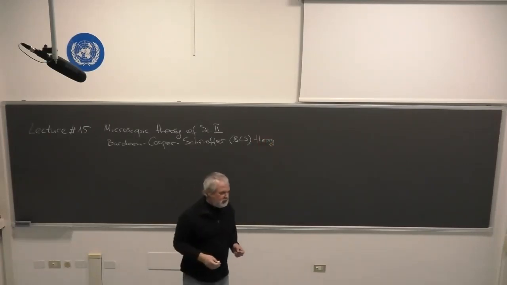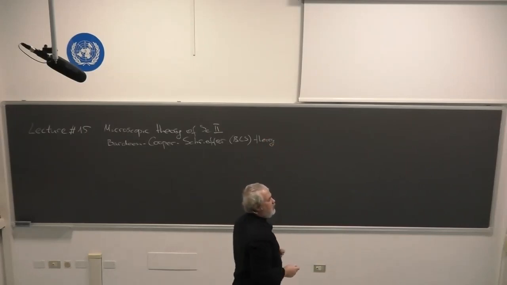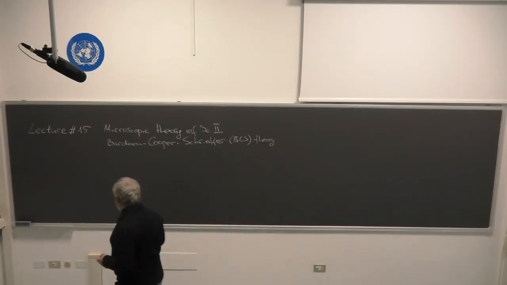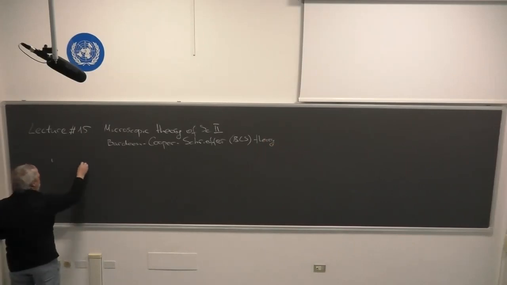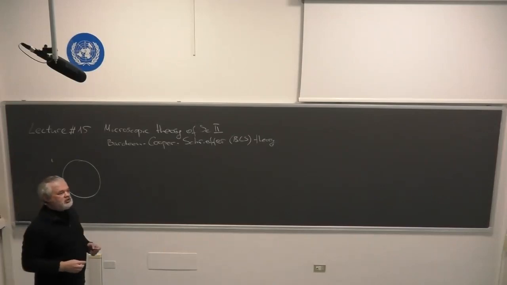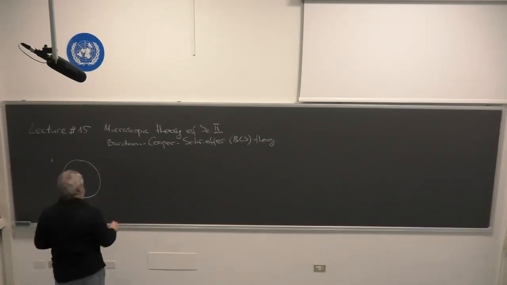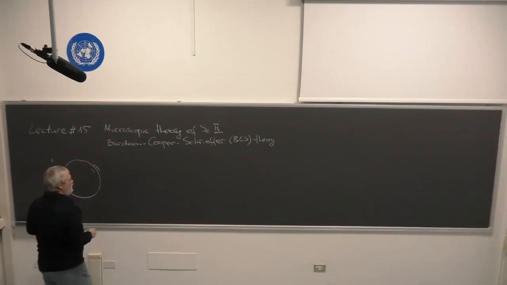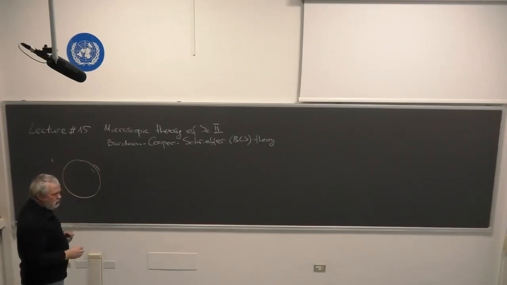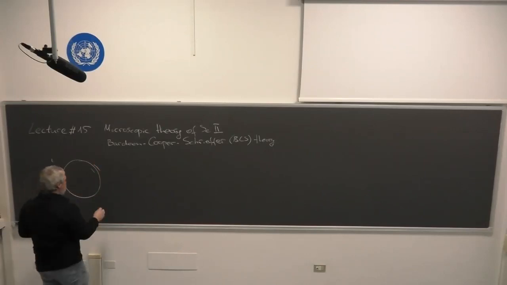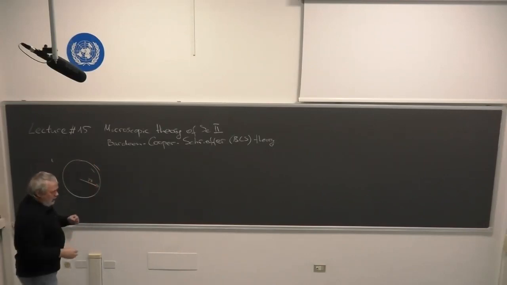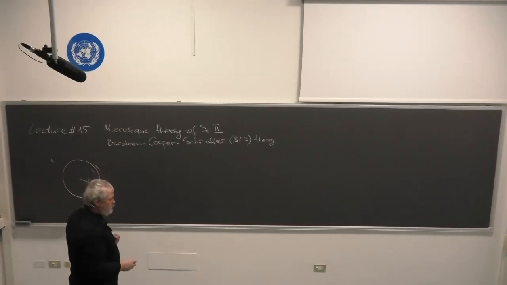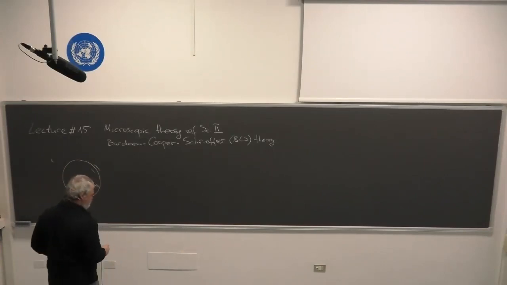Let's briefly recapitulate what we have learned the day before yesterday. We discussed the situation when two electrons in a very narrow shell in the vicinity of the Fermi surface, so this is p_F, interact through the electron-phonon interaction.